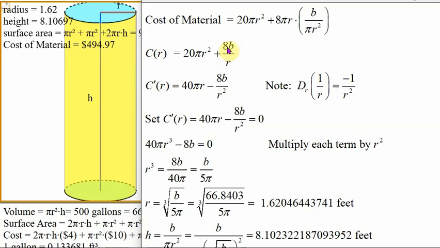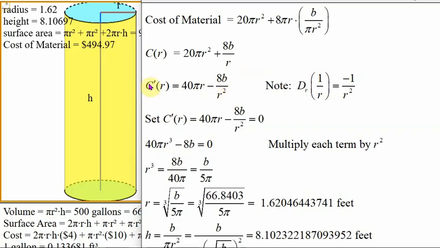The derivative of 1 over r is negative 1 over r squared. So here we will get negative 8B over r squared.